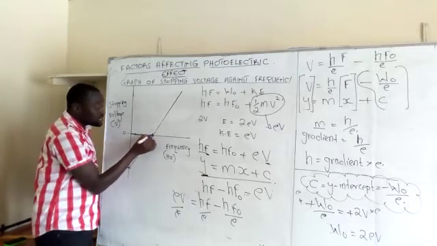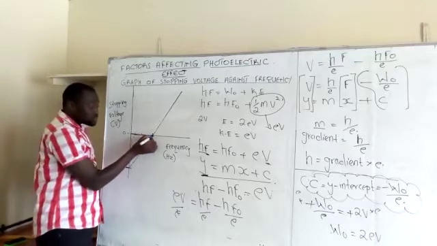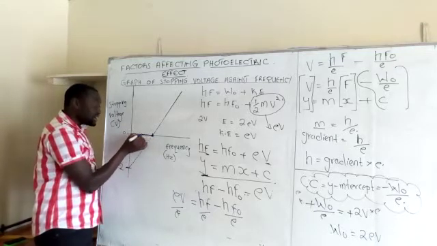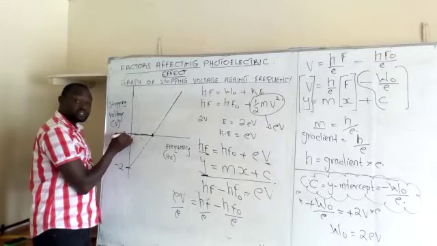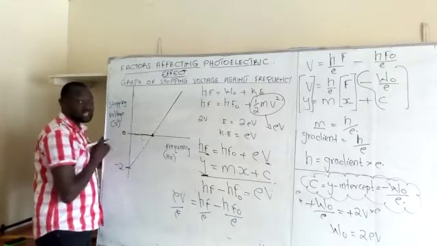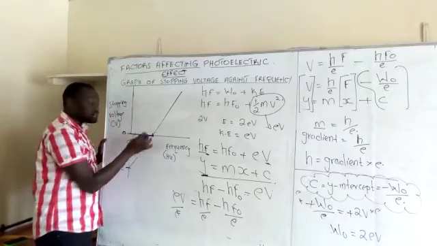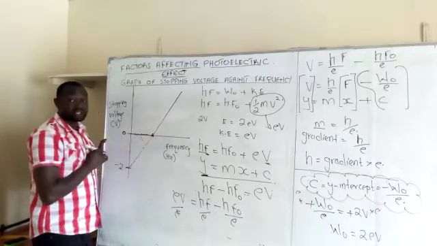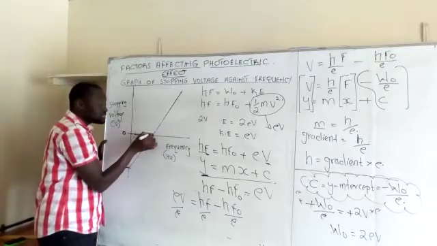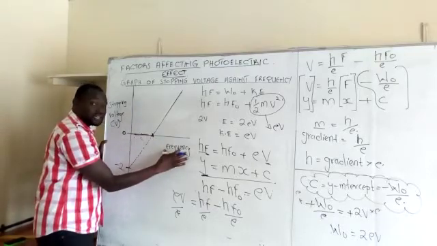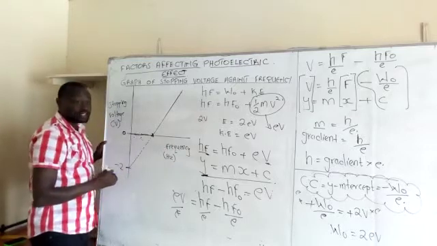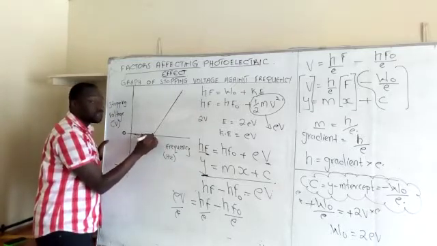At this point, we get photoelectric effect, but the kinetic energy to be stopped is zero. That is why we are using zero voltage. So this is the frequency that is just enough to cause photoelectric effect. Therefore, the intercept on the frequency axis gives us the threshold frequency.